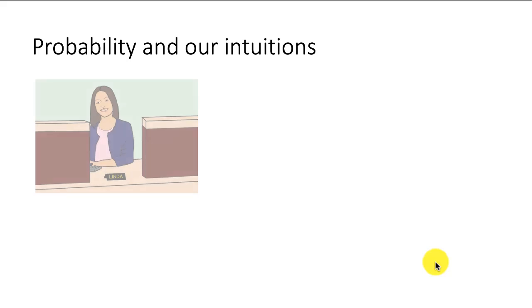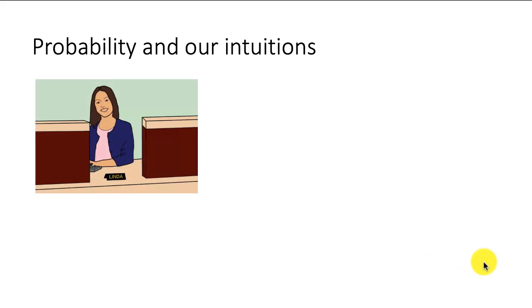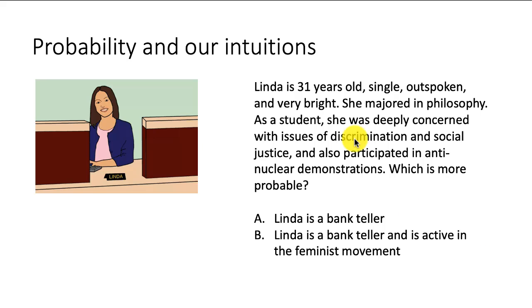Okay. This problem again says something about, it says Linda is a person who's 31 years old, single, outspoken, and very bright. She majored in philosophy as a student. She was deeply concerned with issues of discrimination and social justice, and also participated in anti-nuclear demonstrations.